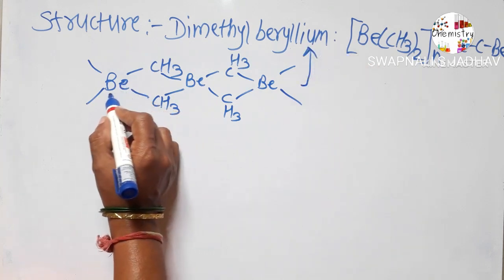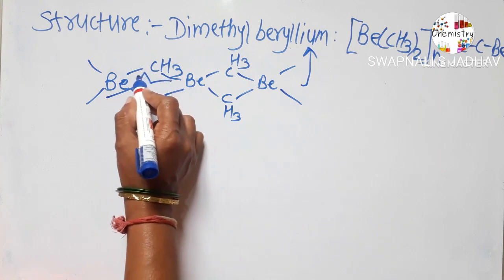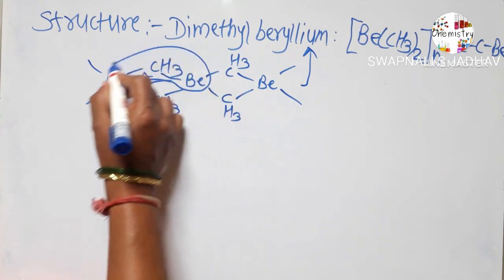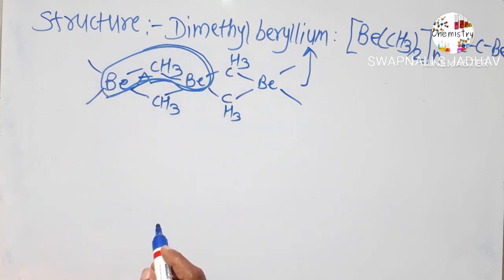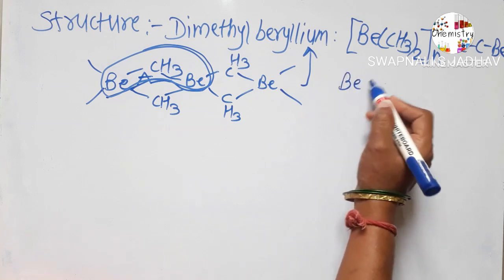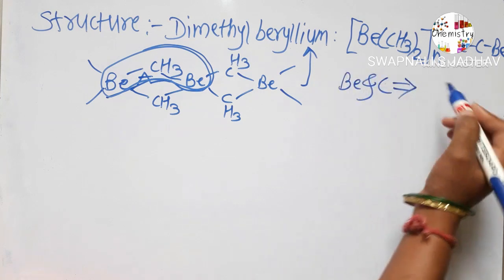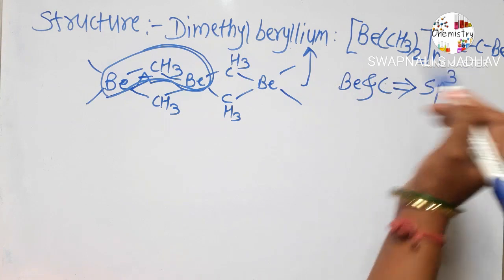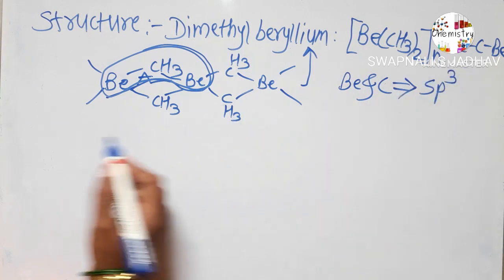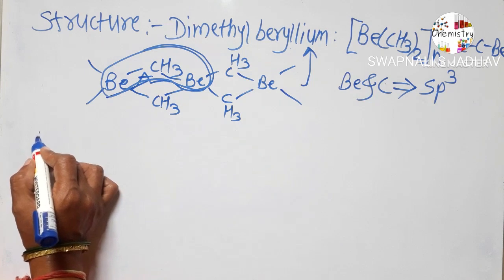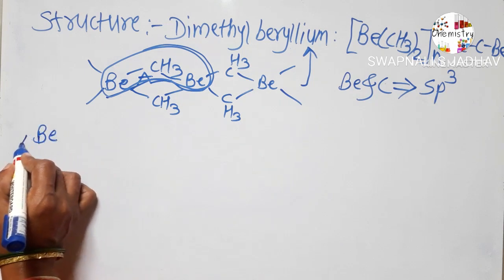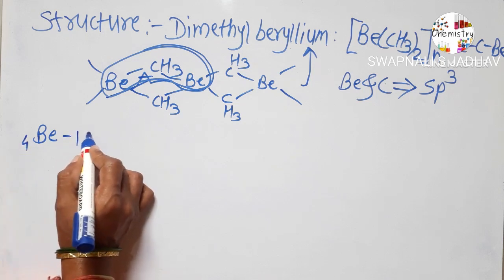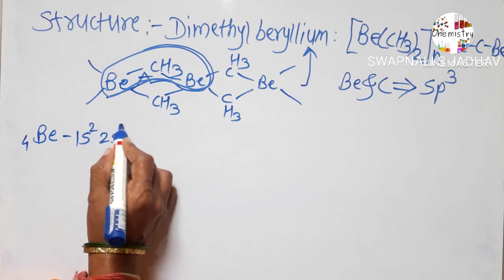Here it contains a beryllium-carbon-beryllium bridge. Here beryllium and carbon undergo which hybridization? sp3 hybridization. So how does it undergo sp3 hybridization? You know that beryllium has atomic number 4, with electronic configuration 1s2 2s2.